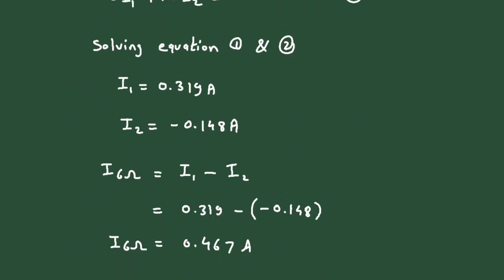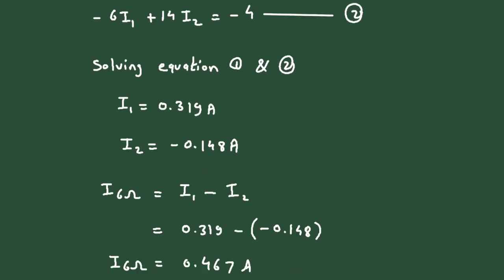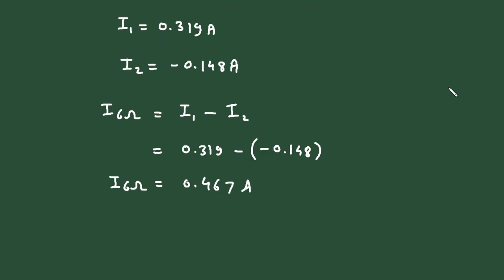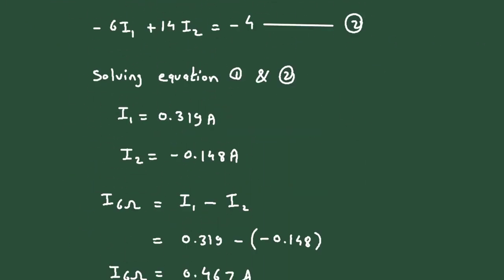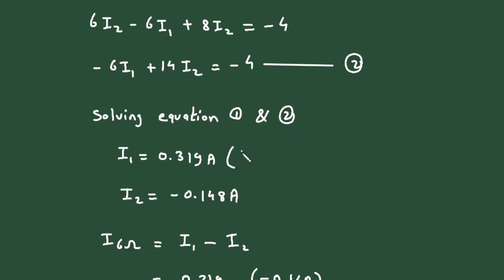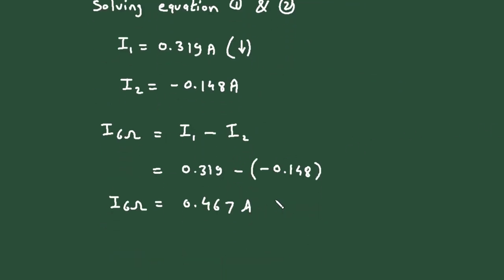And here we can see the direction of I1 is downward. So the resulting current will also be downward, because the leading current, that is the greater current, is downward.